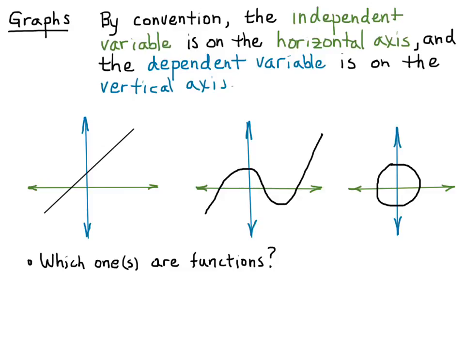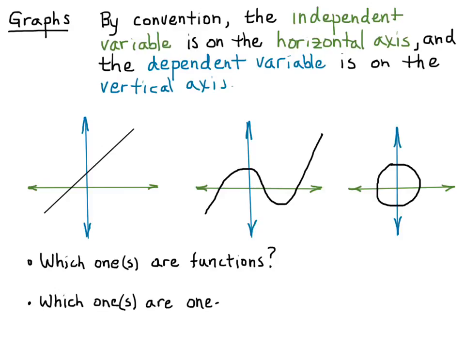A line is always a function because I choose any x and I would get exactly one y. With the second graph, I can choose any x and I'll get exactly one y. But with the third one, if I chose an x somewhere here, I would have two y's that correspond to it. So this one would not be a function.